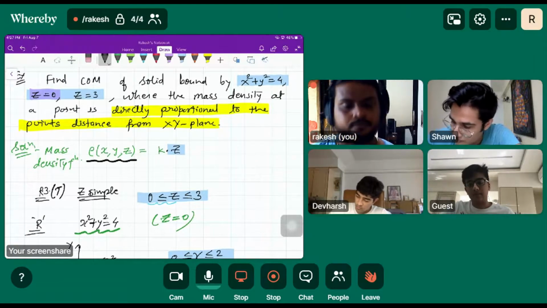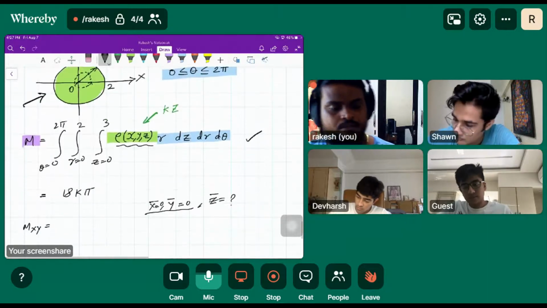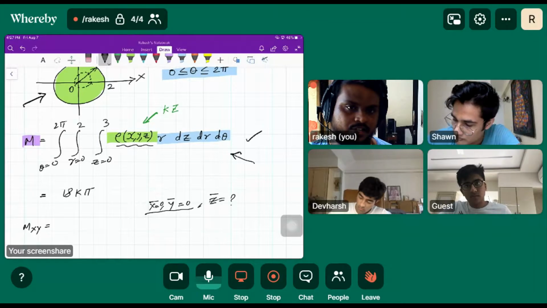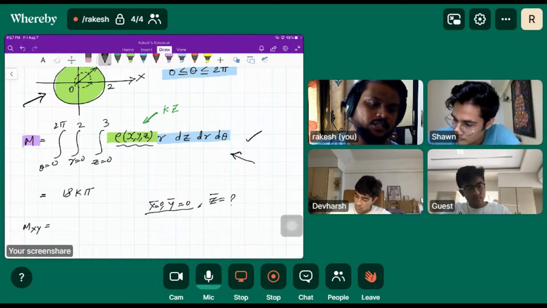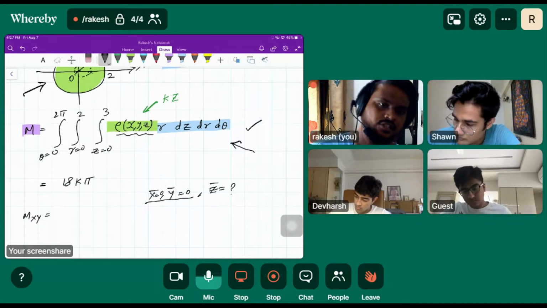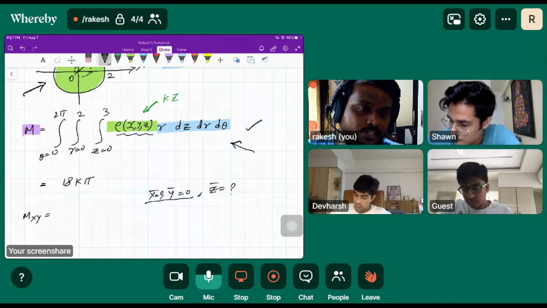Just so you might have calculated this, because that was the homework, and we were stopped here. We have to calculate the center of mass, and because the solid is evenly spread out about the x and y axes, the center of mass has to be on the z axis.